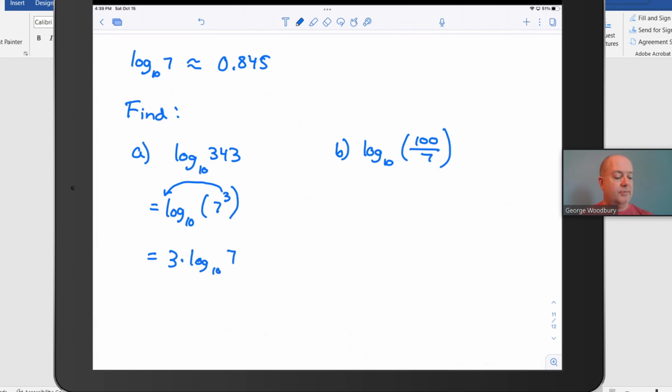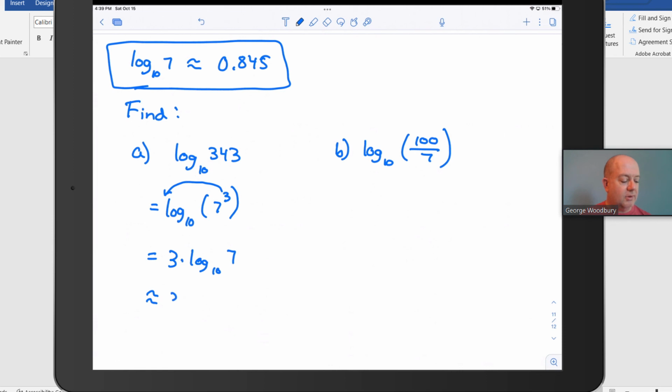And from above, I know that log base 10 of 7 is about 0.845. So this is approximately 3 times 0.845. Multiply that out, and we get 2.535. I think that's right. Yeah, that is right.